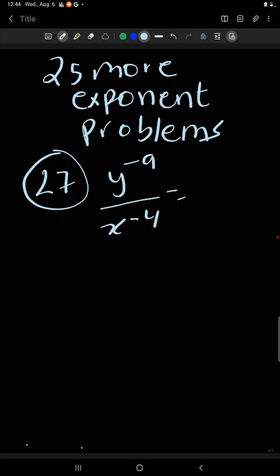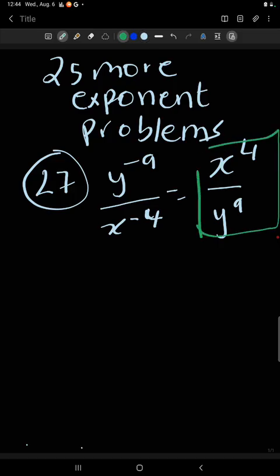And then this is simply a flipping of the values so that they become positive. So you have x to the 4th power, y to the 9th power. That's basically our answer here.